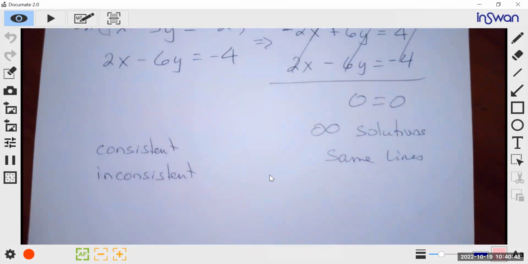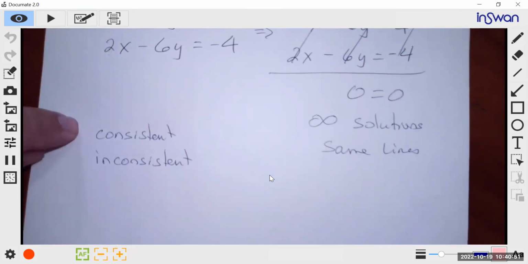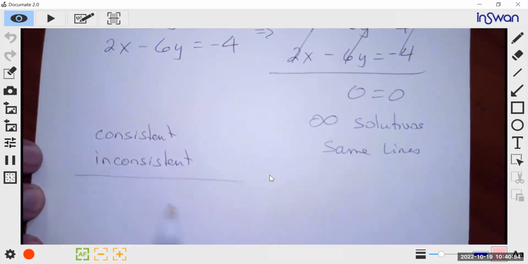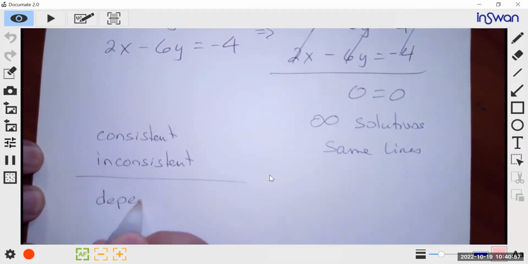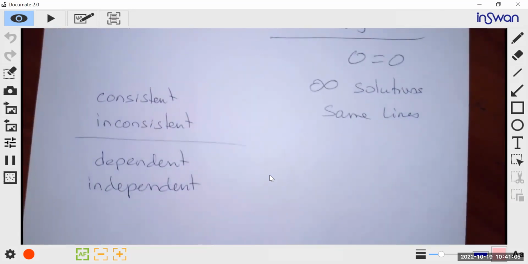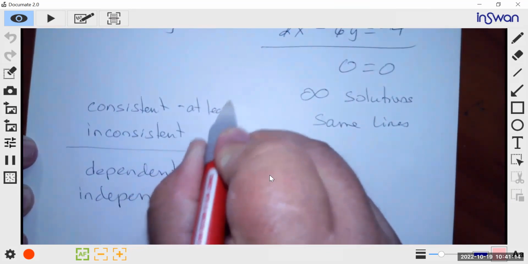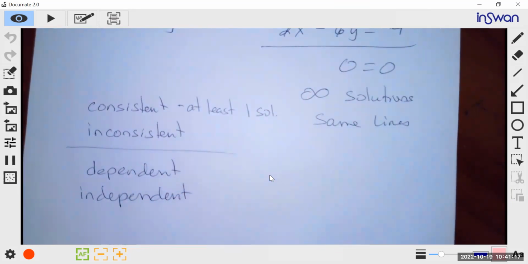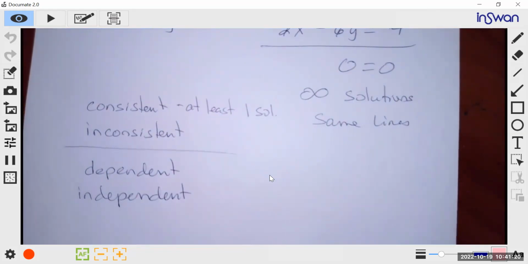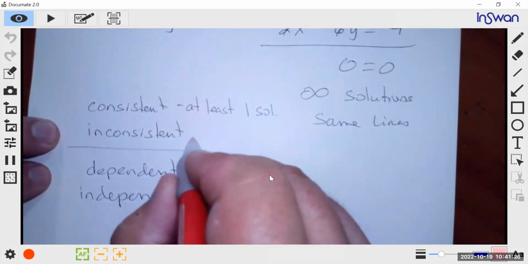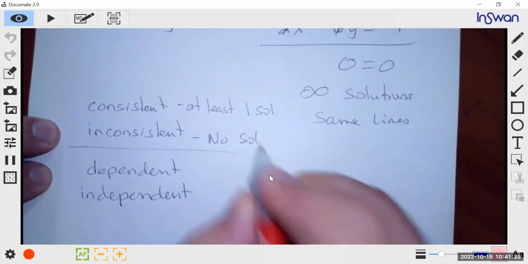You're going to be asked in your homework to tell me whether the systems are consistent or inconsistent. And then you're going to be asked, are they dependent or independent? If they're consistent, they have at least one solution. If they're inconsistent, they have no solutions, parallel lines.